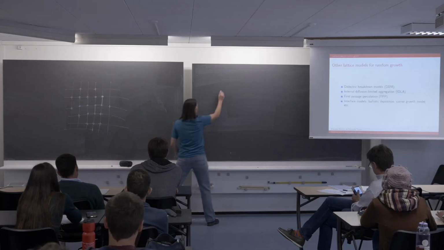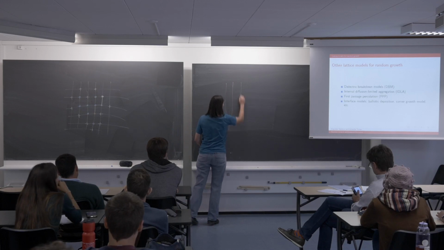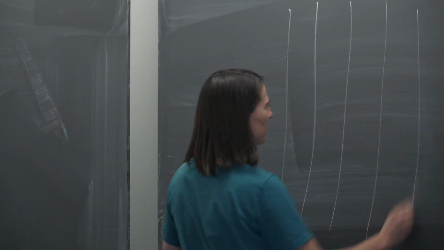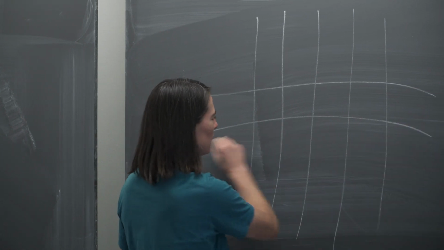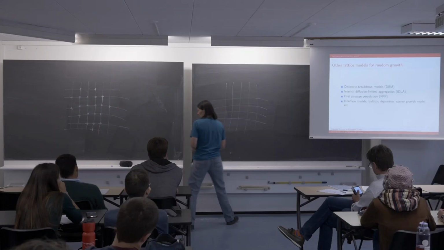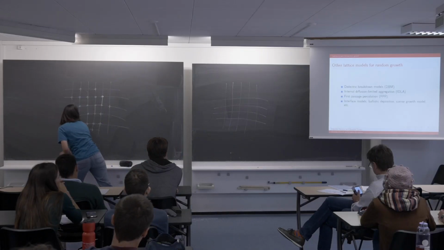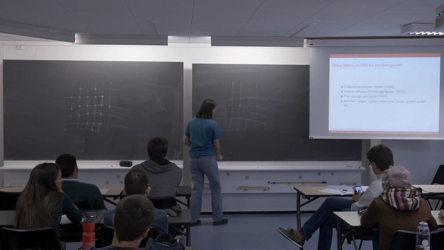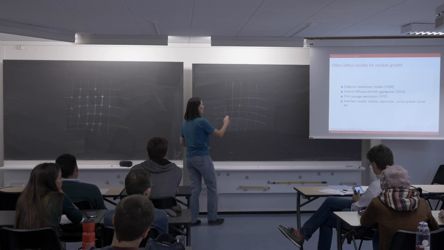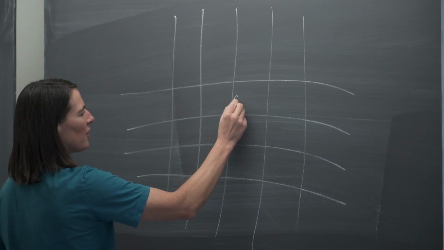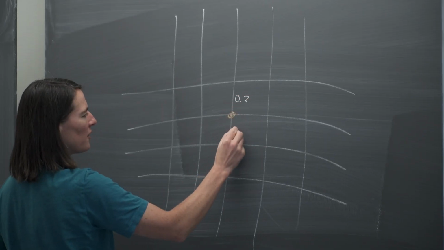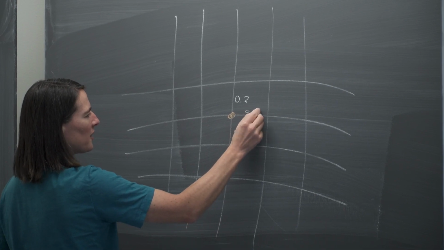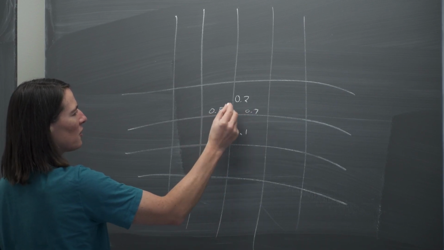Then let's do another one. So the next one is something called first passage percolation. So again, we have the same situation as before. We start with a point at the origin, but we attach weights to every edge. So say 0.2, 0.1, 0.7, 0.5.